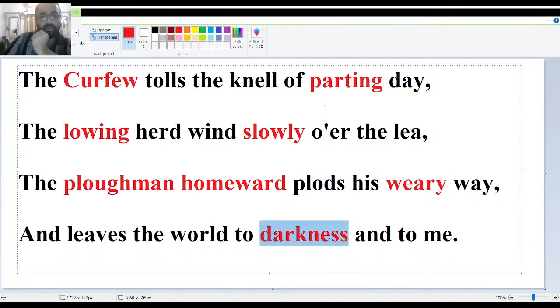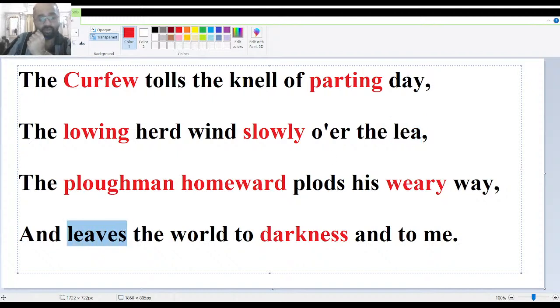Darkness. Note also the words such as leaves and lee have several vowels, but do not confuse between vowels and vowel sounds.